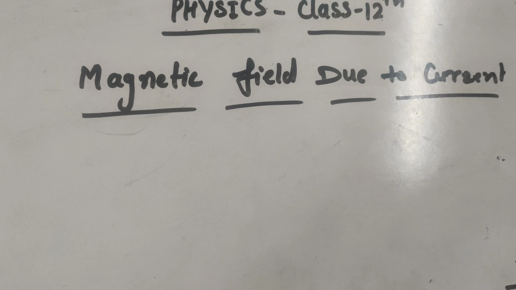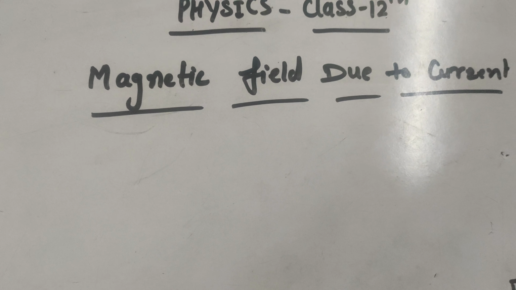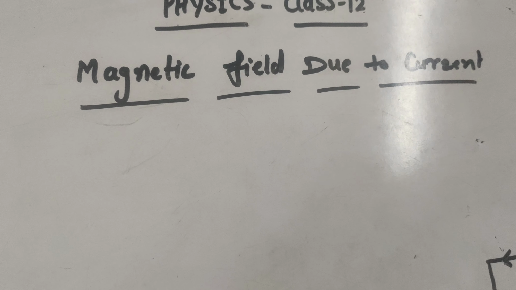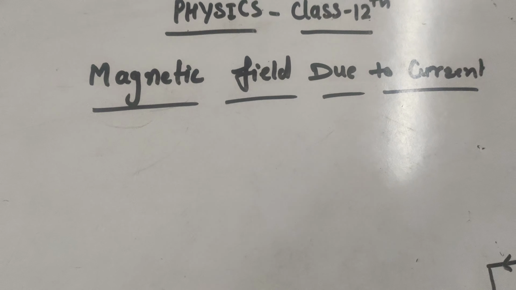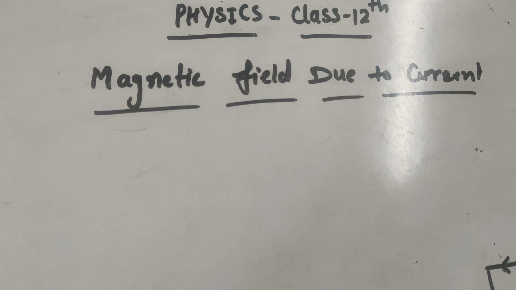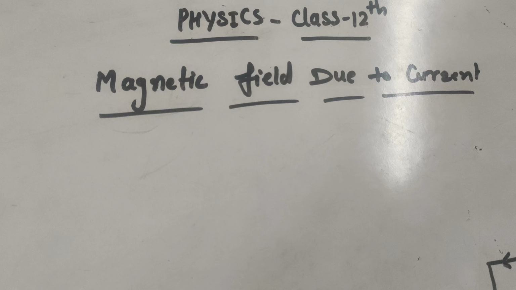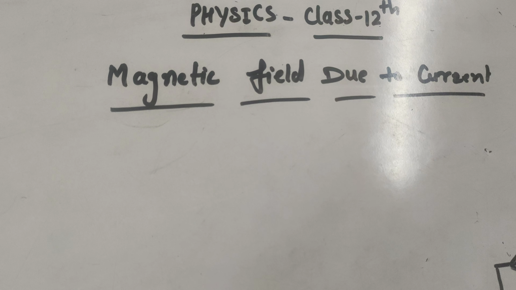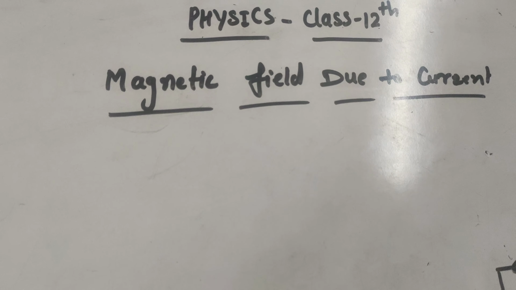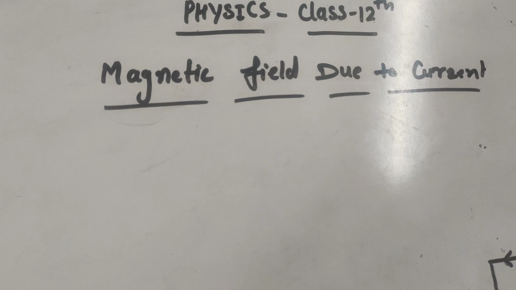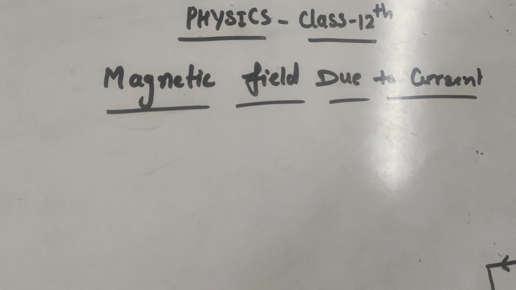specific shape. Now the question comes, the magnetic needle gets deflected, so what should be the reason behind that? Right? Now we know that the magnetic compass needle will be deflected only when there is some magnetic field existing there.